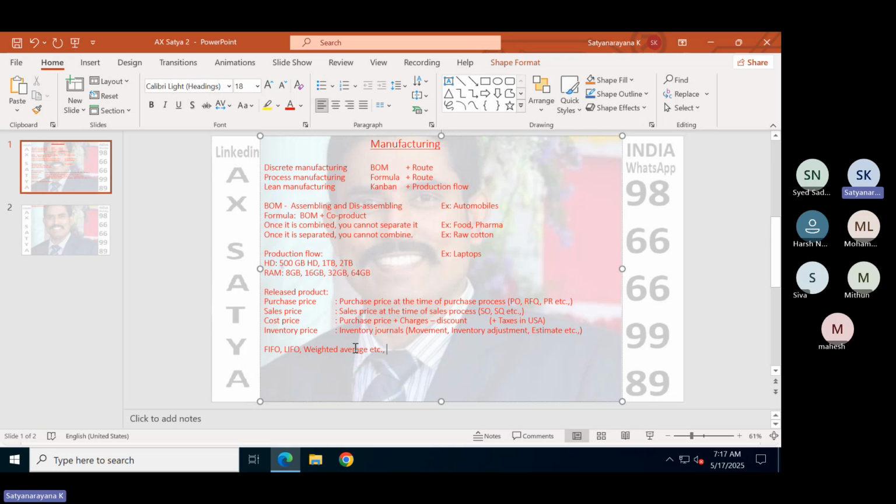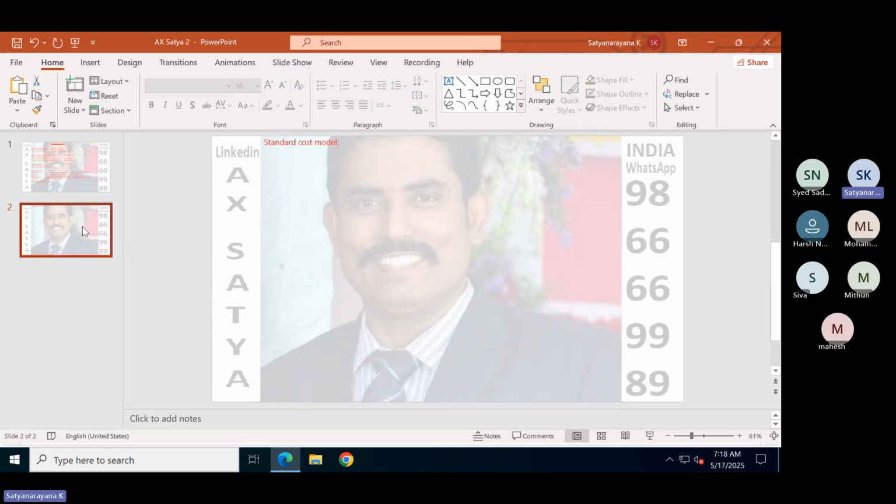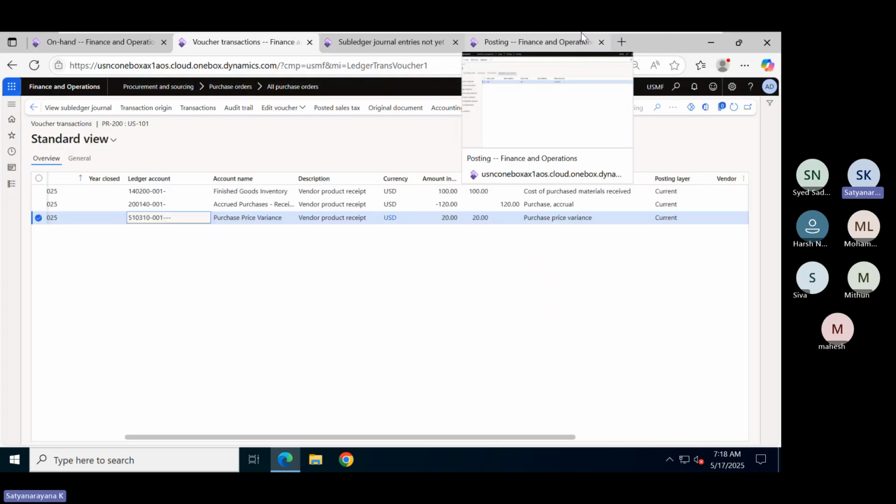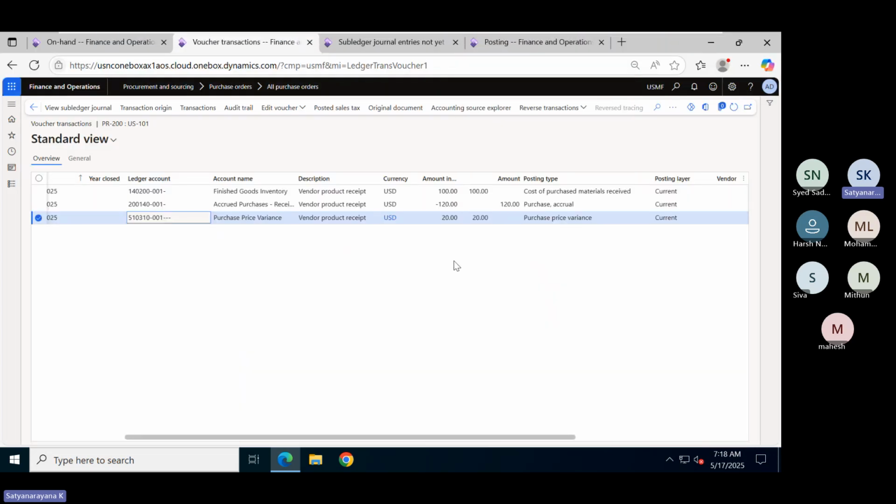System doesn't have restrictions. But if you are using standard cost method, you are going to get more benefits, some extra benefits for manufacturing industries. You will understand what is going on in the inventory. In the inventory, you are going to learn a little bit more insights from the standard cost method.